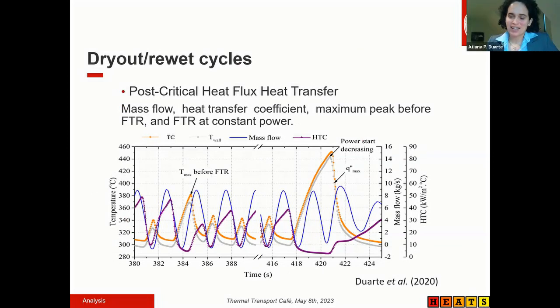Yes, I would say. We are taking an approach that tries to understand the phenomena. When we were talking with the industry partner about this before the grant started, they were looking for the failure to rewet. They were most concerned about understanding the point where the temperature is not recovered anymore.